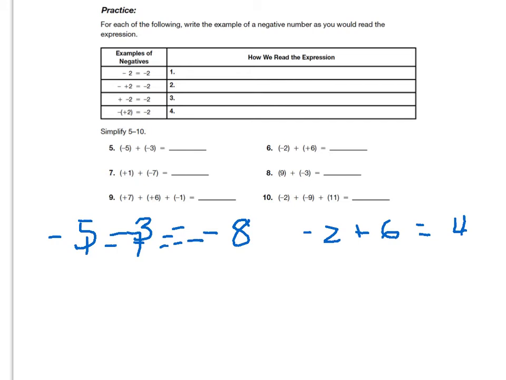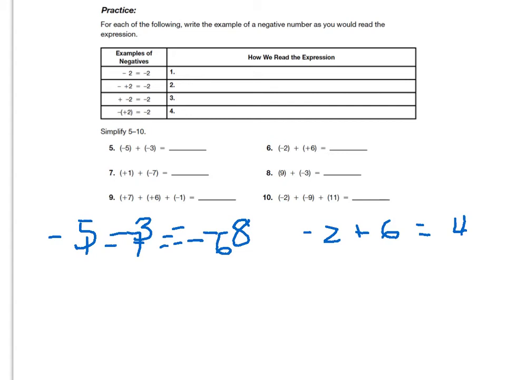We know the answer is negative because the negative number is bigger. And we just find the difference between 7 and 1. So it is 6, because of the absolute value difference, or the difference between 7 and 1 is 6. And the negative is coming from the 7 being a bigger number.